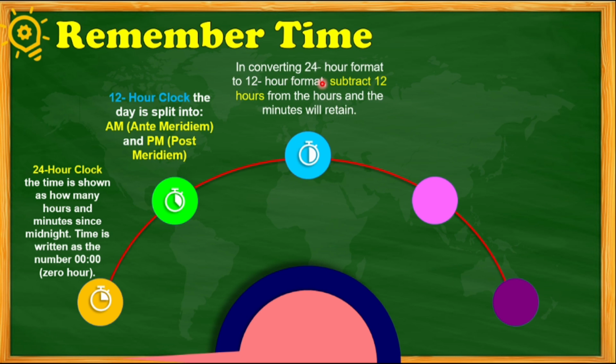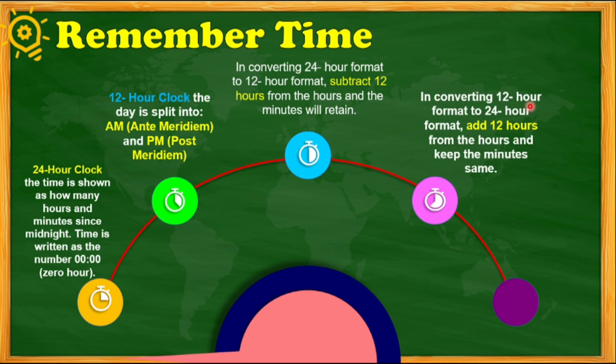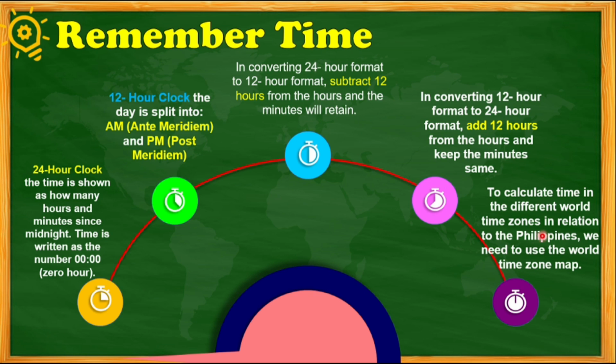And in converting 24 hours format to 12 hours format, subtract 12 hours from the hours and the minutes will remain. And in converting 12 hours to 24 hours format, vice versa, add 12 hours to the hours and keep the minutes the same. And to calculate the time in different world time zones in relation to the Philippines, we need to use the world time zone map.